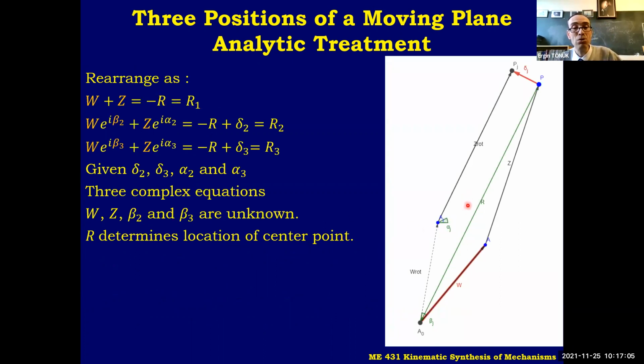Because once you select R, you choose location of A0. If you solve W, W points point A from A0. Or you may solve just Z, negative Z points A from P. Whichever you like, one of W or Z is sufficient.